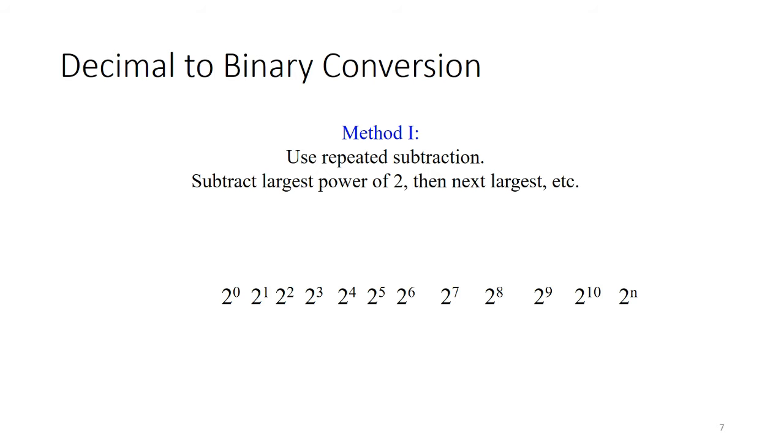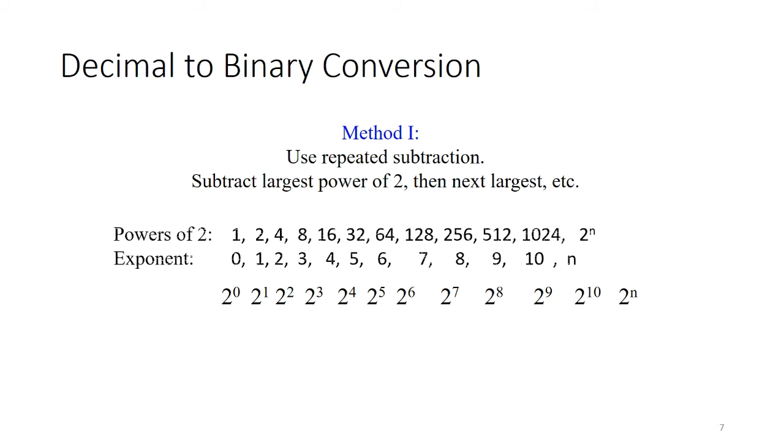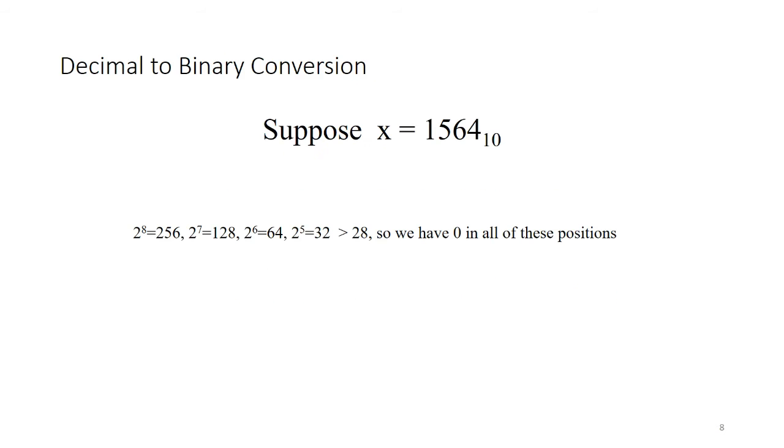For decimal to binary, we are talking about method 1: use repeated subtraction. Subtract the largest power of 2, then the next largest, etc. What do you mean by this? Do you remember anything from the first slide? Try to recall that.